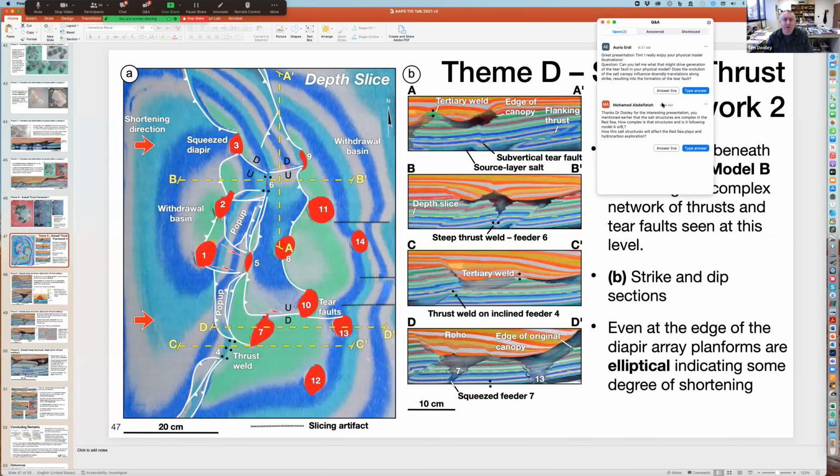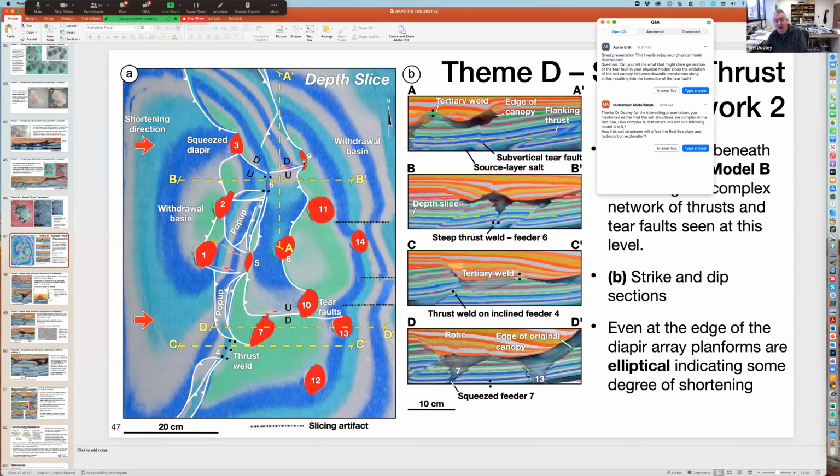Yeah, so generally it's because you are transferring, and I actually have an image here. You are transferring shortening outboard, right? So you're transferring shortening here, say from feeder number 6 to feeder number 9 here.